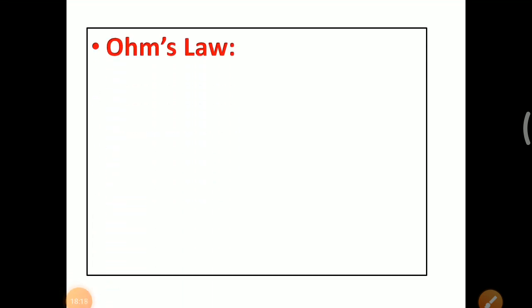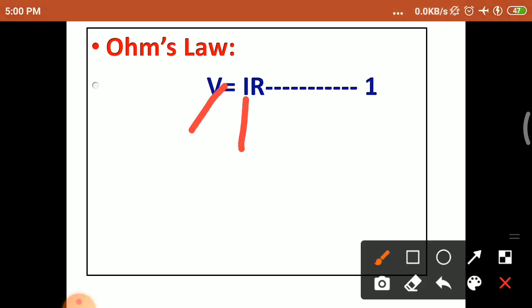The next question, Ohm's law. We know Ohm's law: V equals IR. Here 3 physical quantities are present: V, I and R. From this single formula we can make 3 formulas.